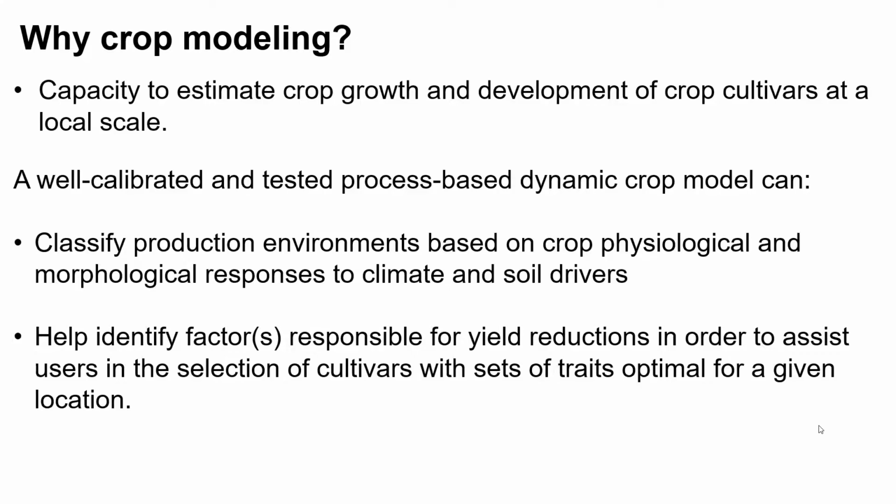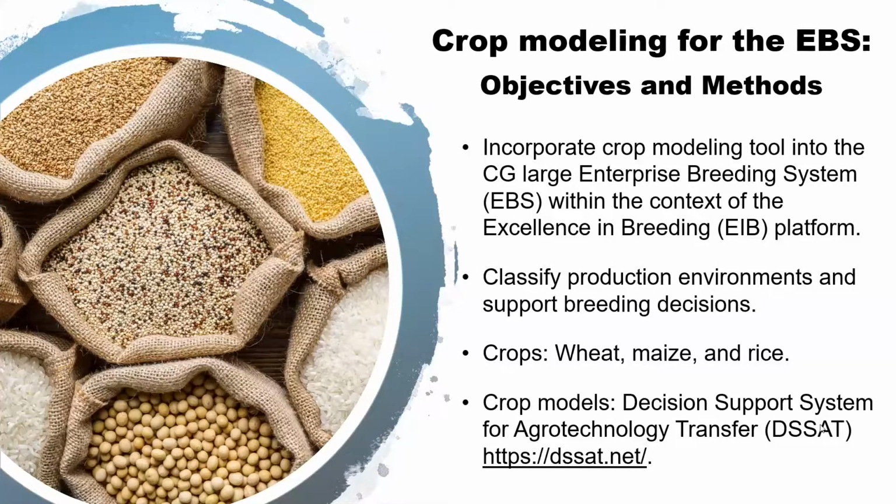So this information will be used to assist users in the selection of cultivars with a set of traits optimal for a given location. So in this crop modeling work for the EBS, the objectives and methods are to incorporate a crop modeling tool into the CGIAR Enterprise Breeding System, the EBS, within the context of the Excellence in Breeding, the EiB platform.